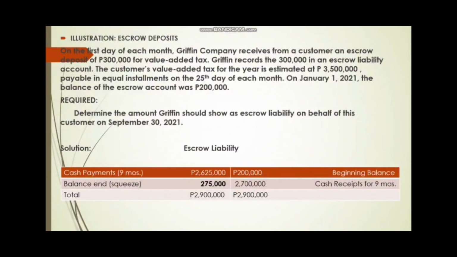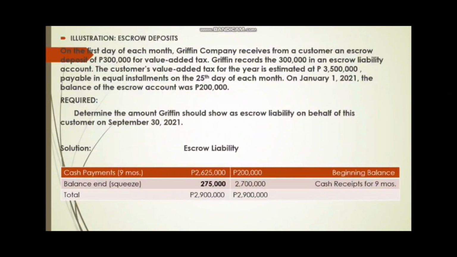And then, as stated, on January 1 the beginning balance is 200,000. Then the cash receipts for 9 months is 2,700,000, which comes from 300,000 times 9 months, because the customer keeps giving for 9 months. And then you add 200,000 plus 2,700,000, so you get 2,900,000.